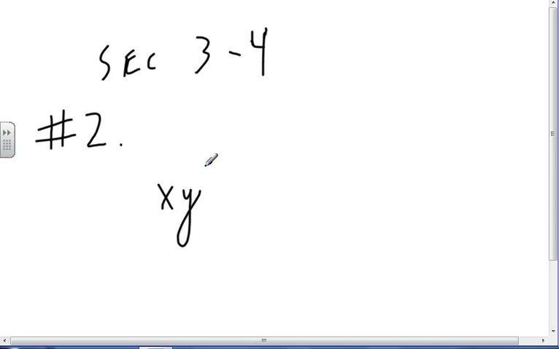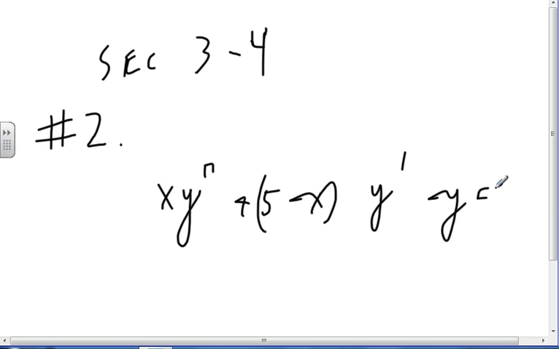And we'll see if we can clean that up some. All right, that looks better.